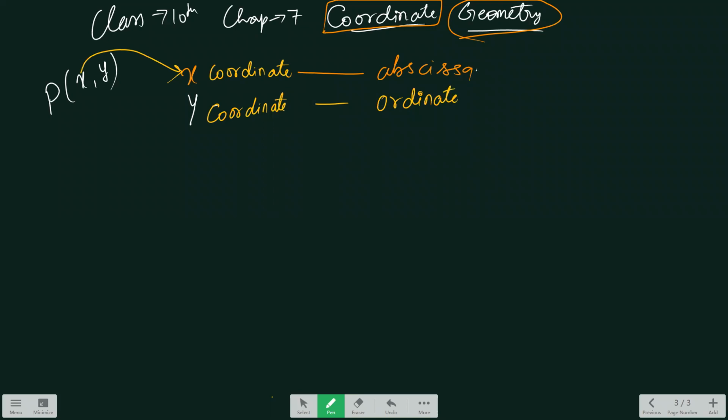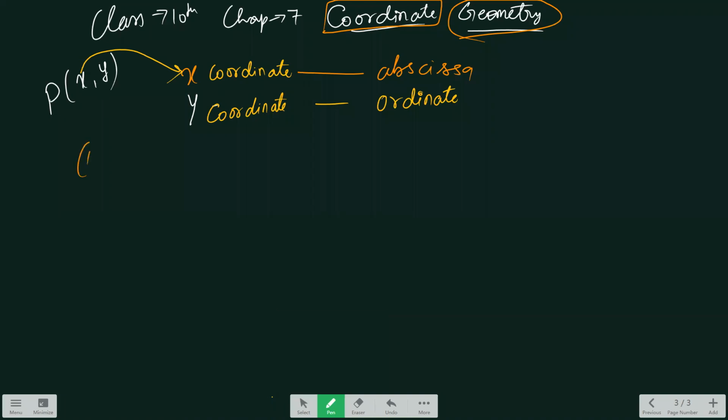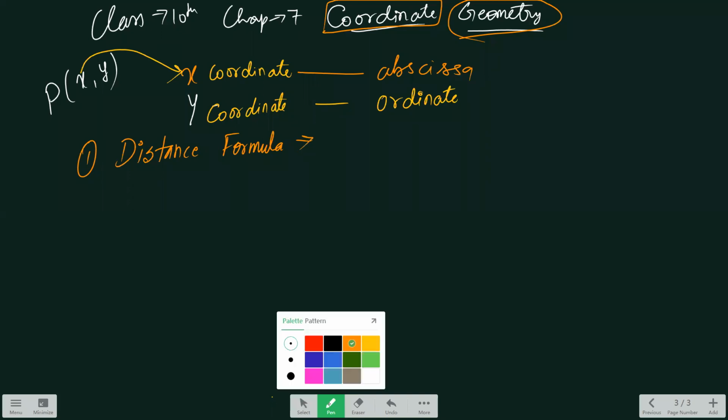Coming to the next point, you are going to study some formulas here, and out of them the first formula is the distance formula, on which your complete exercise 7.1 depends.